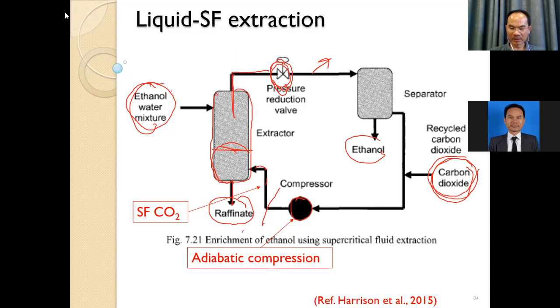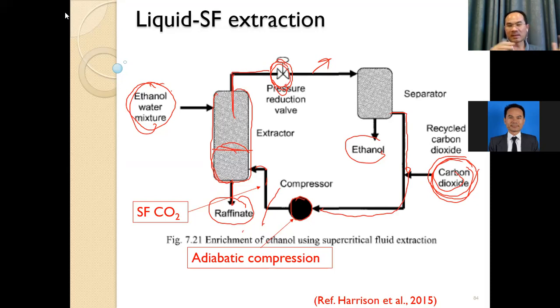Then you can separate carbon dioxide and ethanol, maybe by absorption, maybe by phase separation like liquid and gas phase. And also you can recycle the carbon dioxide, mix it with the fresh carbon dioxide, and then feed it to the compressor to produce supercritical carbon dioxide. This is the simple equipment for extraction.